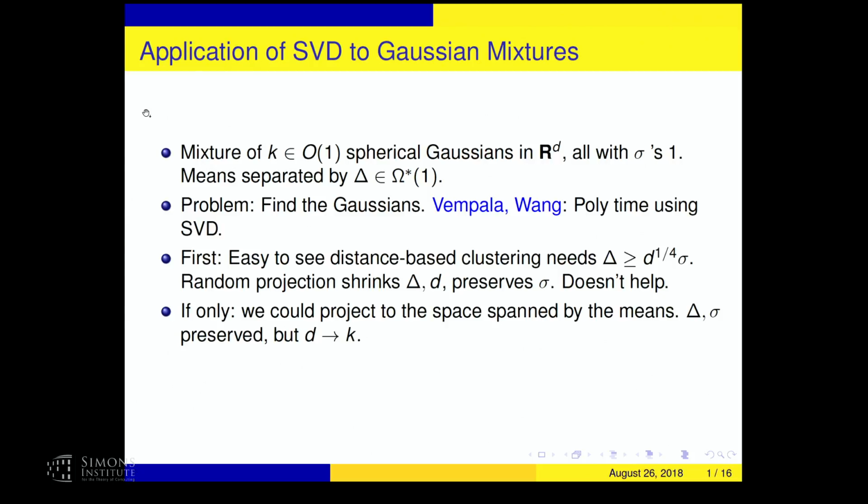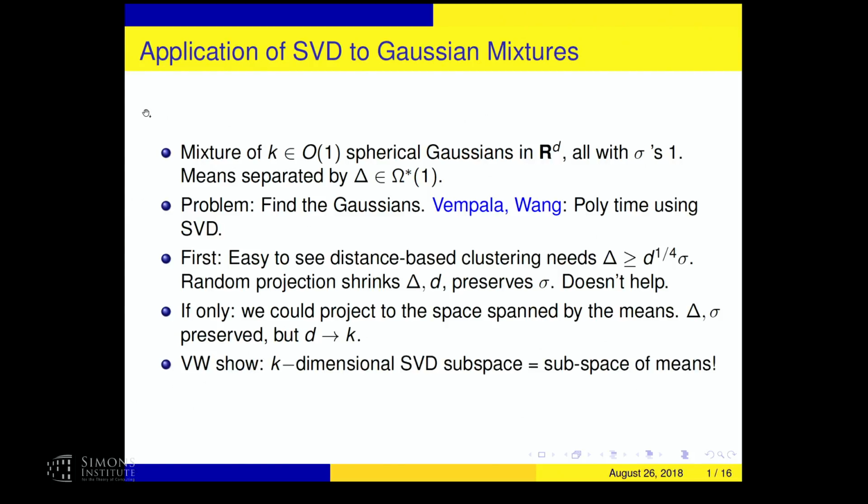The projection is very simple. And what Vempala and Wang showed, and I'm going to show you this proof in a picture on the next slide, is that, in fact, the k-dimensional SVD subspace is exactly equal to the subspace of means if I had the whole densities. I don't have whole densities, I have only the empirical, I have only samples from the densities, so then it'll be approximately.